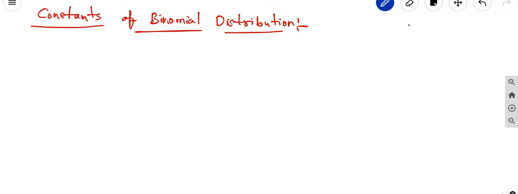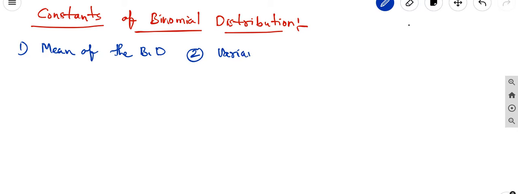In this, the constants are: first one is the mean of the binomial distribution, second one is the variance of the binomial distribution, third one is the mode of the binomial distribution.